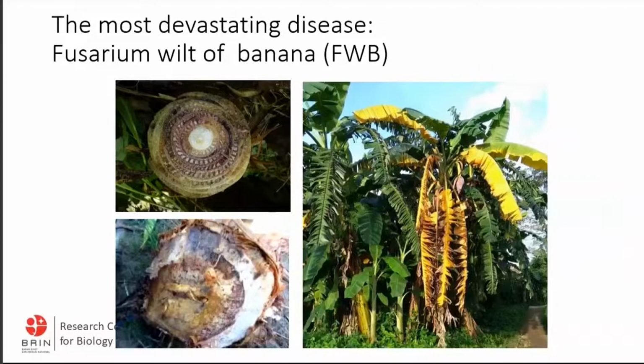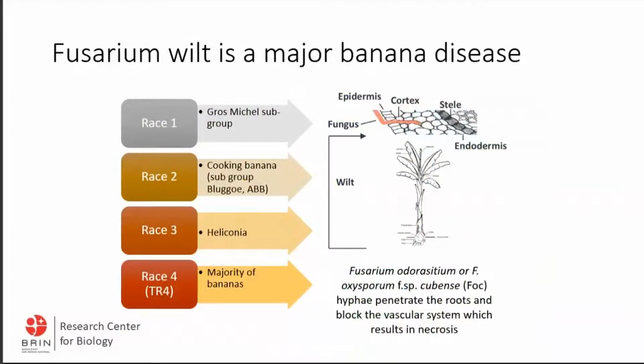The infection is initiated with the penetration of the fungus from the root and blocks the vascular system, resulting in wilting and discoloration appearing in the pseudostem and the rhizome. This disease, as mentioned by the previous speaker, is caused by Fusarium oxysporum f. sp. cubense, and recently also described as Fusarium odoratissimum.